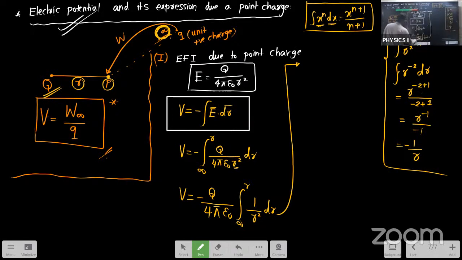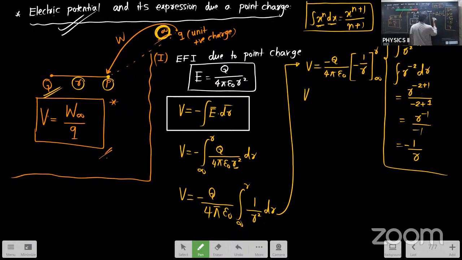Let us substitute this value. What is the value of integration 1 by R square dr? We get V is equal to minus Q divided by 4 pi epsilon naught times integration 1 by R square dr, and the value we are getting is minus 1 by R, from infinity to one particular distance R. If I take this minus outside, minus into minus will become plus.